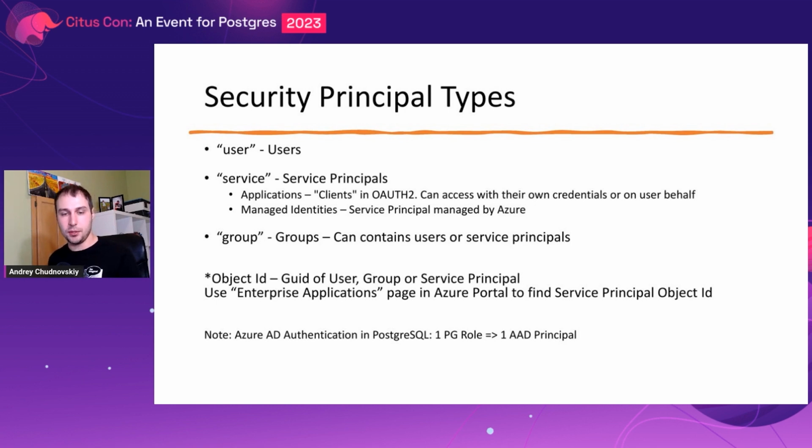For service principals, you need to use the enterprise applications page in the portal to see the object ID. Note that in Flexible Server, we map one PostgreSQL role to one object ID from Azure Active Directory. We can have multiple roles mapped to a single object ID, but there is no practical reason to do it.